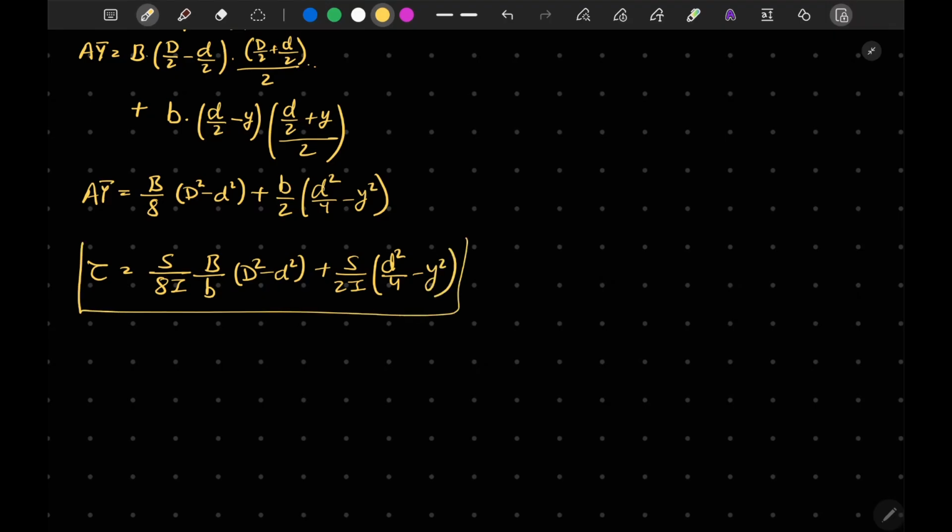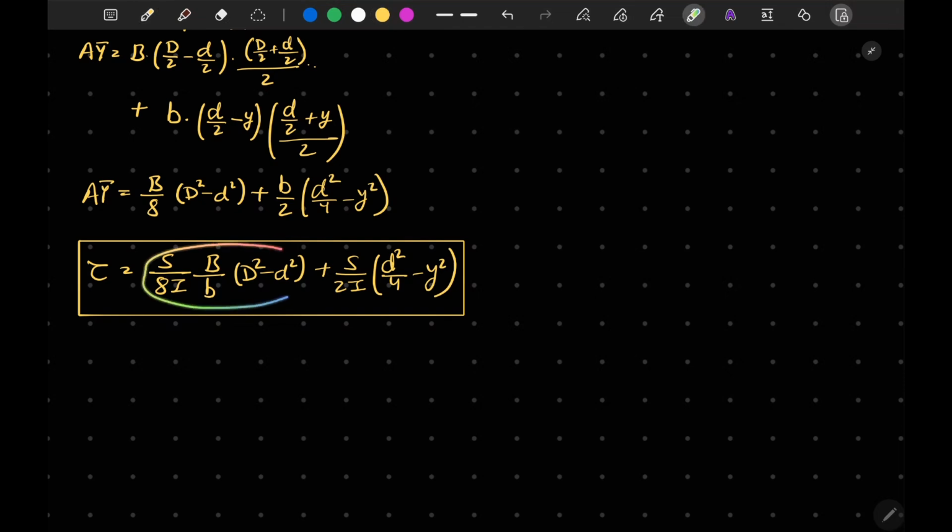From here you can see that the first term is constant, because all the values here are constant, and the variation is due to the second term only. This variation is also a parabolic variation. I hope you understood till here.